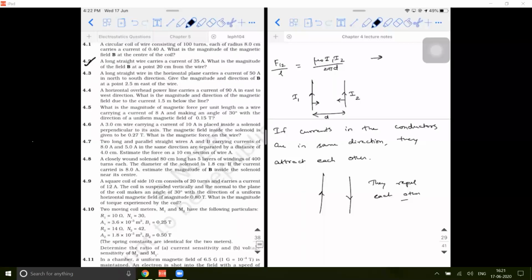See, first observe this. Yeah, you can do this problem. You can do 4.5 and 4.7.